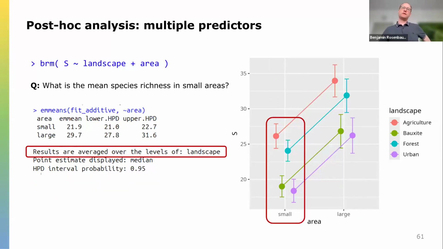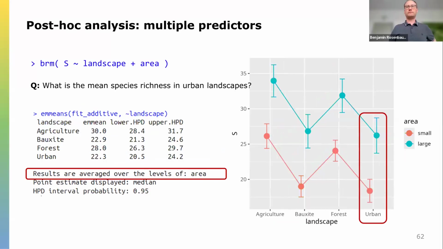And you can also use this, for instance, to calculate the difference. The same as if you want to average over area, you can just display the means of landscape levels. It's the same, but the other way around.